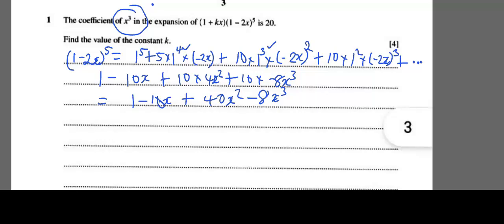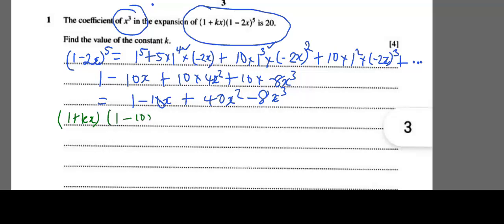And according to the given form, we know here we have 1 plus kx times 1 minus 2x, so this becomes 1 plus kx into 1 minus 10x that we got, plus 40x squared minus 80x cubed.